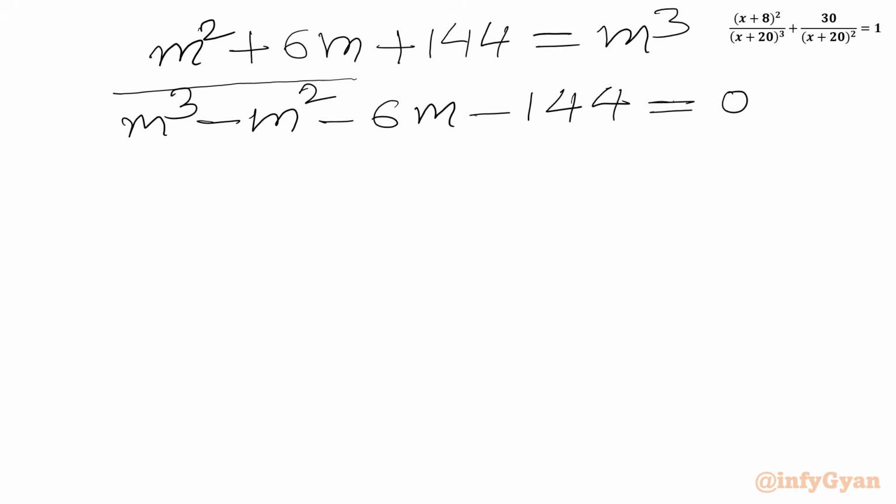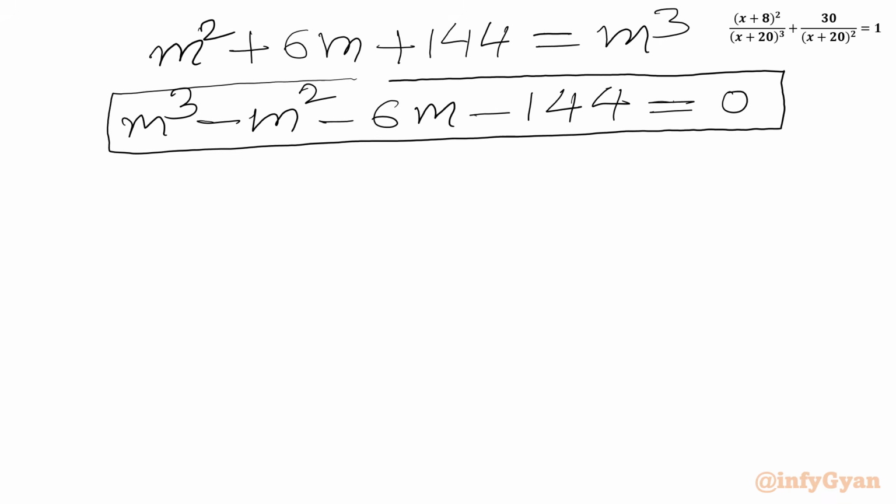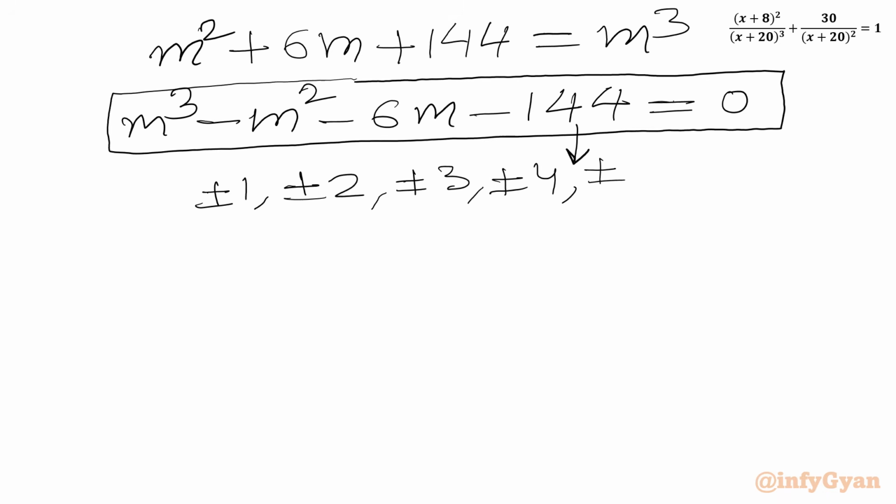Now this is one cubic equation and I will solve it using the rational root theorem and synthetic division method. So I need to know the eligible factors of constant 144. So I will write plus minus 1, plus minus 2, plus minus 3, plus minus 4, plus minus 6, plus minus 8, plus minus 9 and so on.